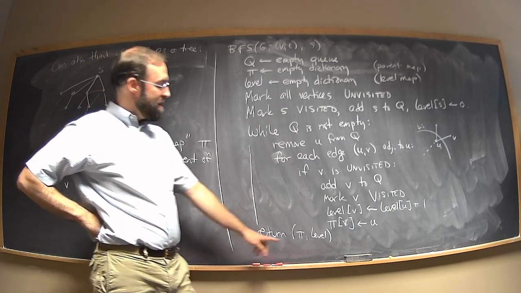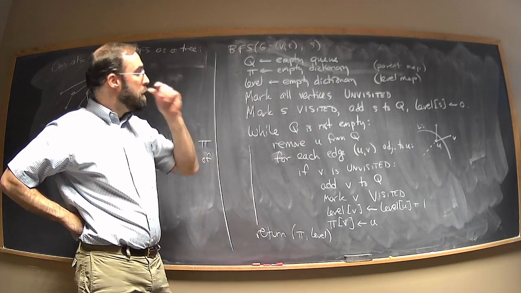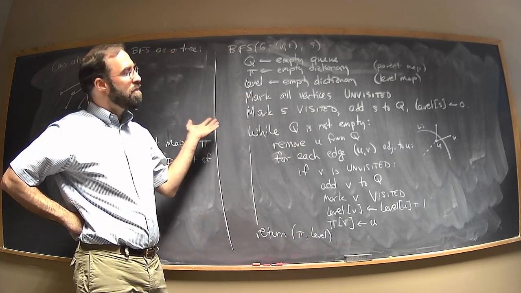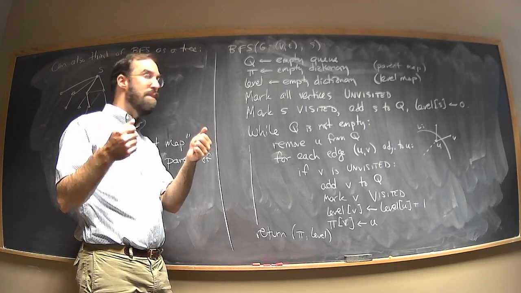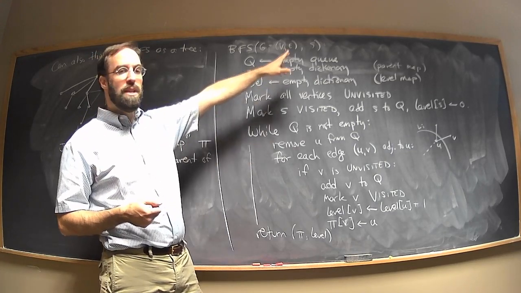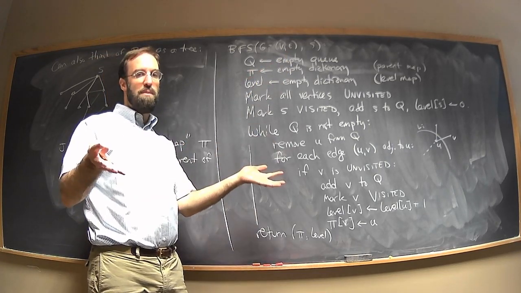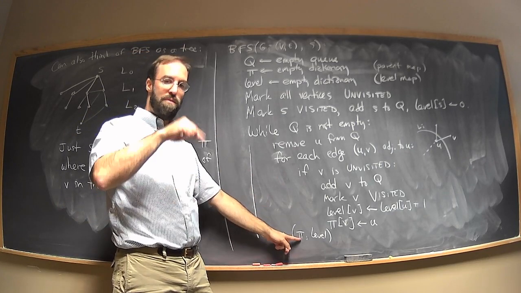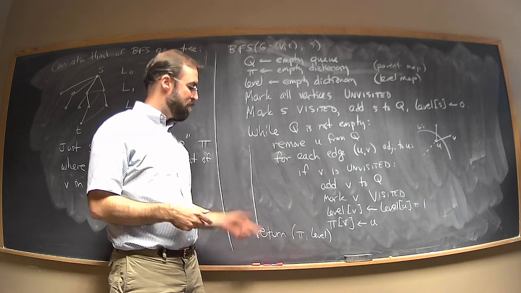We can use the parent map to reconstruct, for any vertex, the path. That's the interesting thing about this. I framed the question in the first place in terms of trying to find a path from S to some particular T. But notice we don't take any particular T as an argument here. It just searches from S to everywhere. Once we've done that, for any other vertex, we can look it up in the parent map and follow its parents until we get to S, and that would tell us the shortest path from S to that vertex.